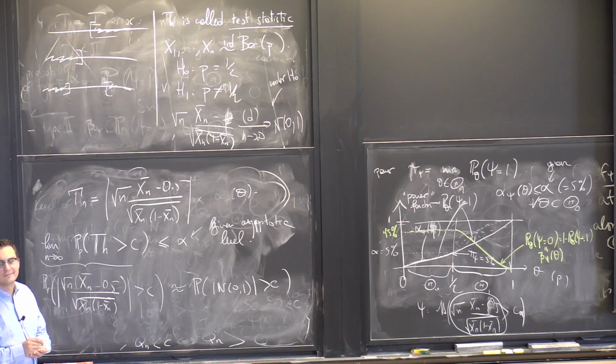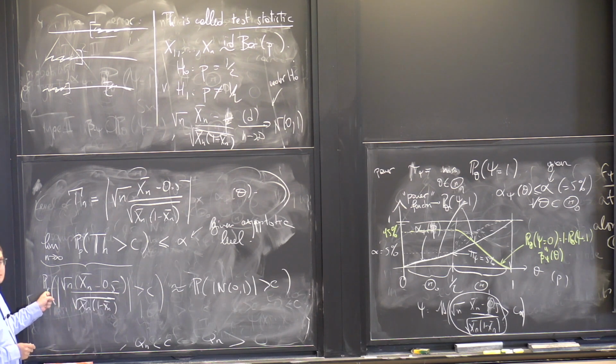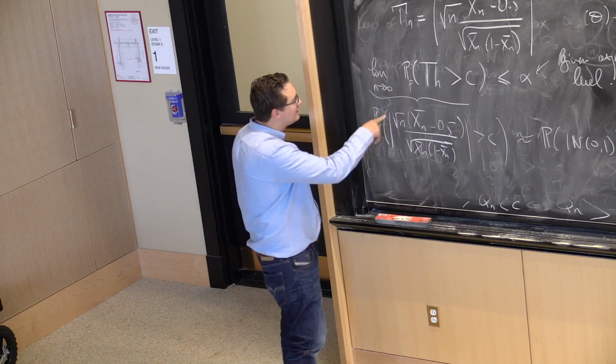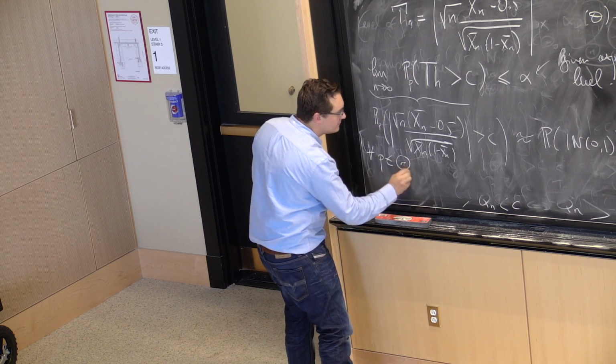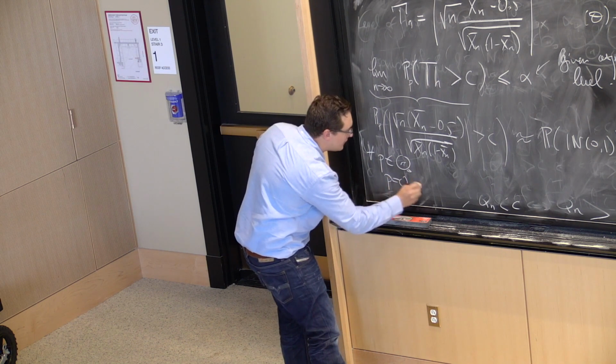What did you see? It's because at the beginning we picked the worst possible true parameter, 0.5, so we don't actually know that this 0.5 is the mean. Exactly. We picked this 0.5 here, but what I want is that this is true for all p in theta naught. But the only p that's in theta naught is p equal to 0.5.